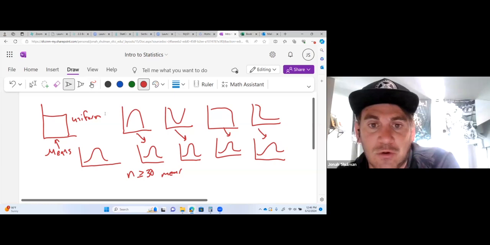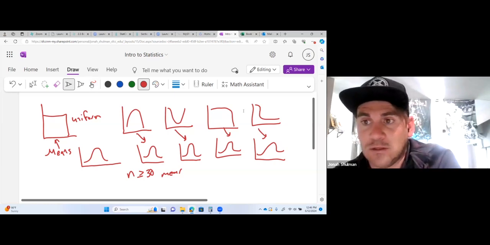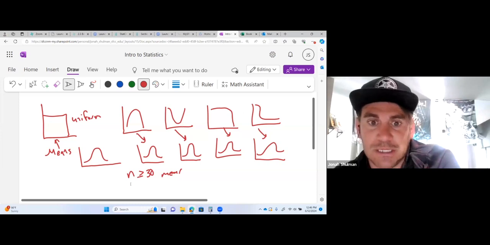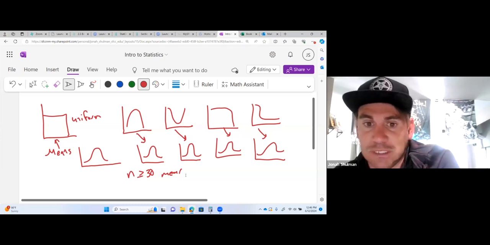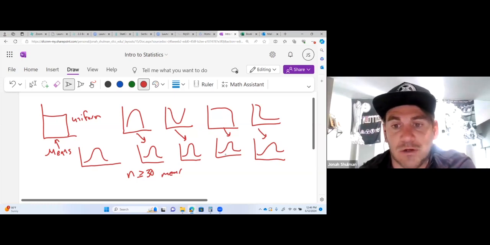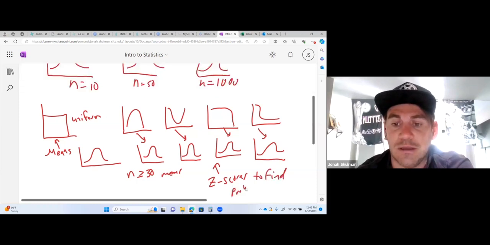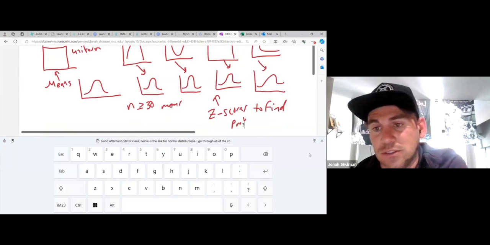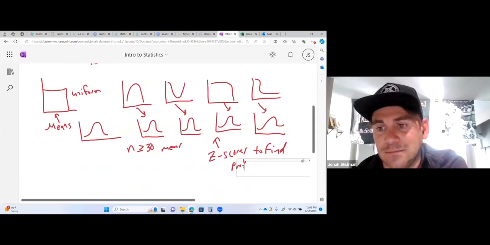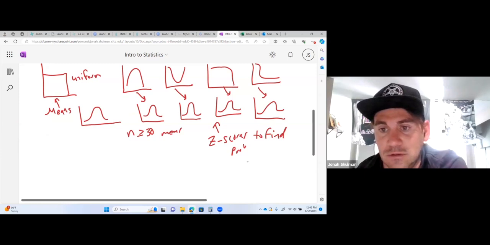So no matter what crazy shape the population has, or even if we don't know how the population really looks, as long as we're taking a bunch of different means from it, we can create a bell curve. And once we create a bell curve, we can use what we did before with z-scores to find probabilities and percentages. So that's pretty much what the central limit theorem is in a nutshell.